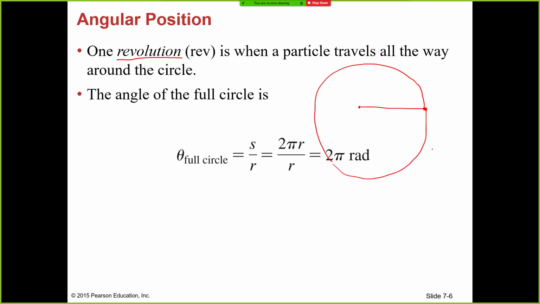So that's one revolution. Okay. And we know the angle covered in one full revolution is 360 degrees or 2 pi. Okay. In terms of radian, it's 2 pi radian. So starting from here, from this line, it revolves around this point and then comes back. So it makes 2 pi radian angle.